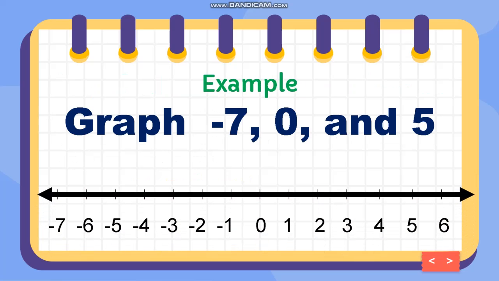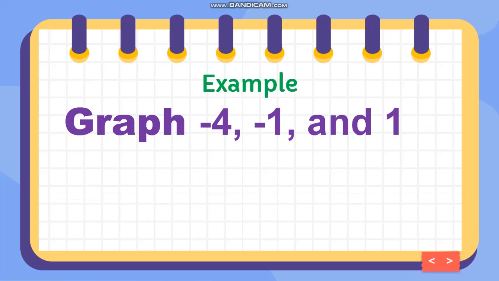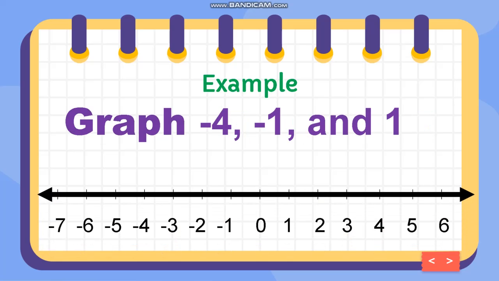So, using this number line again, we have -7, 0, and +5. Another example: -4, -1, +1. Using this number line, we have -4 here, -1, and +1.